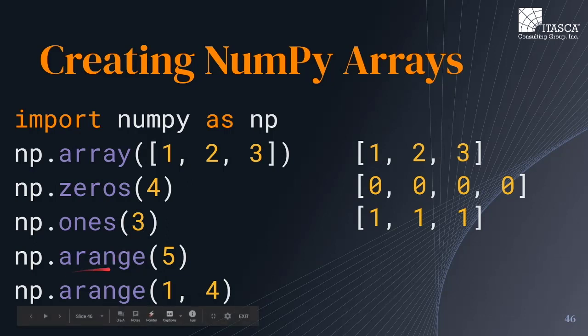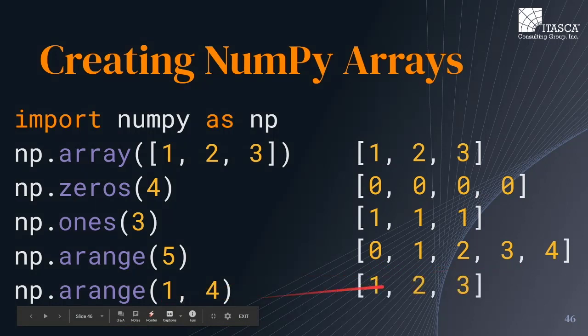And then the arange function works similarly to the range function in that it takes in either a single argument and creates an array from 0 up to the argument exclusively, or it takes in a start parameter and creates an array from that start parameter to the second parameter exclusively.